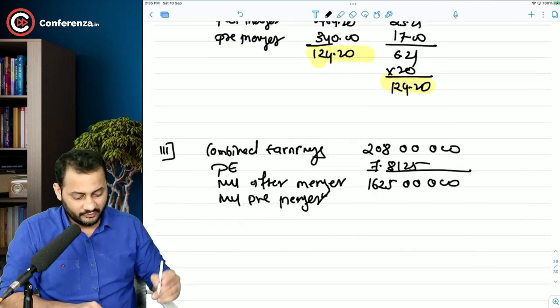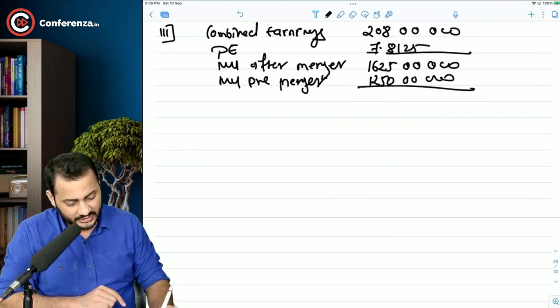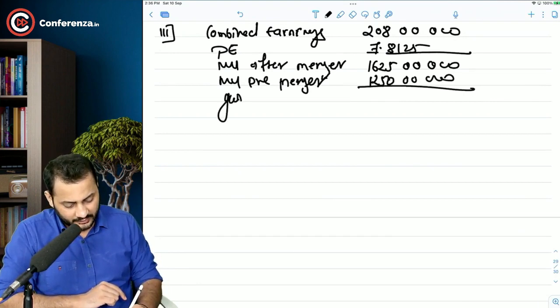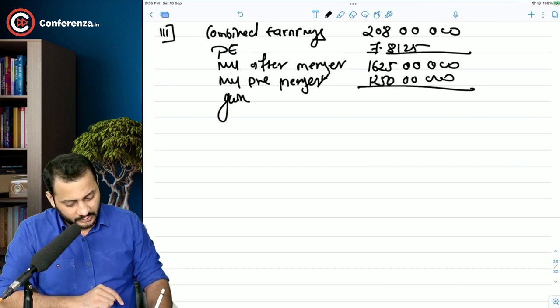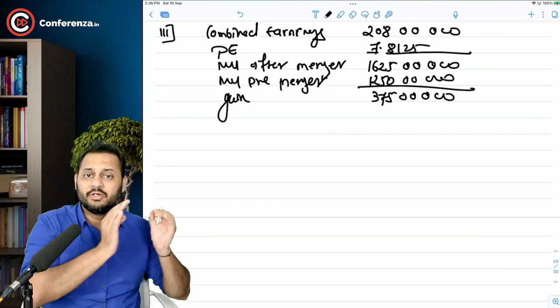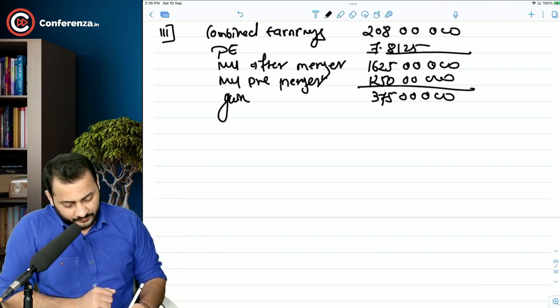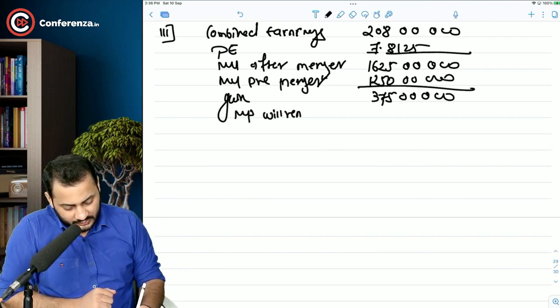Do you get that? 1250 lakhs. So we would want our market value to remain the same after merger. So the gain is 375 lakhs. This is the maximum amount that we can pay to the shareholders of the target company.